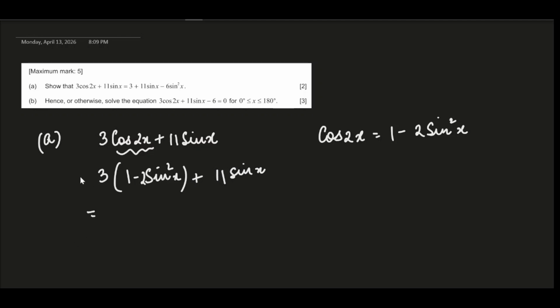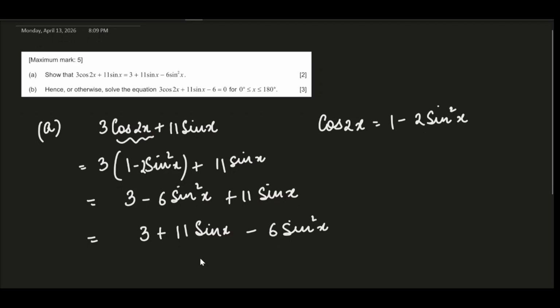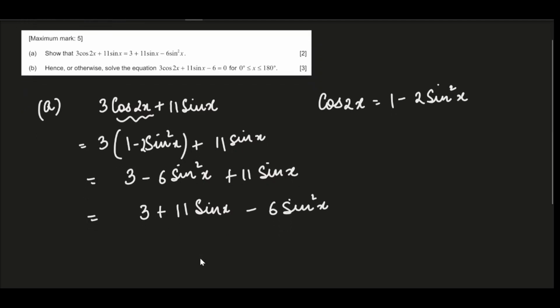Now we are just going to open the brackets and solve it. So it will be 3 minus 6 sine square x plus 11 sine of x. Now when you rearrange it, you'll get whatever is written on your right hand side. So we have proved that the left hand side is equal to the right hand side. Now let's go to the next part, which is to solve this equation.